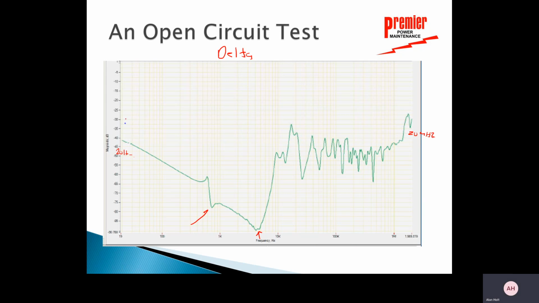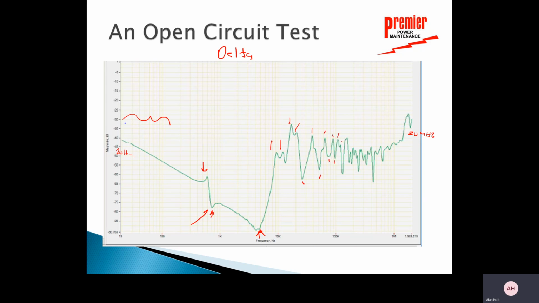Down in this range is where I'm highly inductive. Anytime I see a little blip here, those are resonant frequencies. Every blip is some resonance of an RLC circuit, positive and negative, every single one of those things.